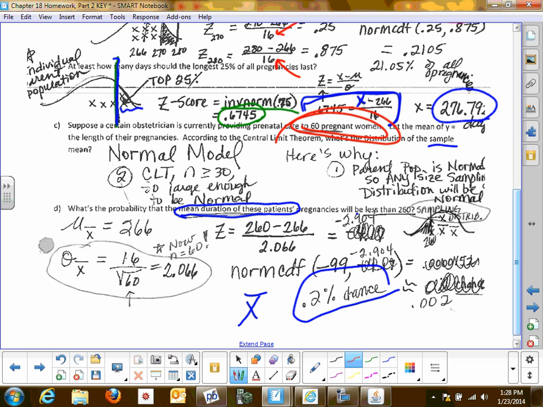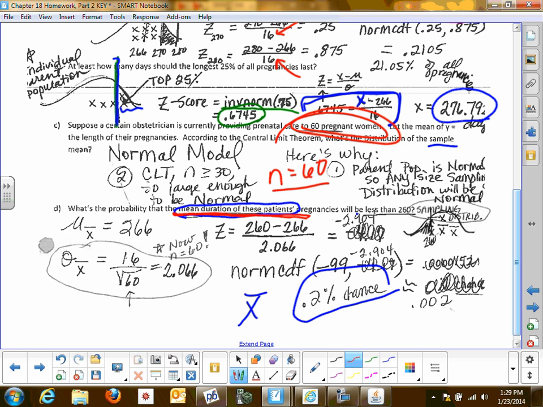It has now made it a sampling distribution with samples of size 60. That's weird to me. I've always thought that just because you're talking about samples, we're talking about a sampling distribution, but yes. They mentioned samples and asked about the average duration of these patients. That means they are getting an average of the 60. Therefore, we're talking about that sampling distribution.